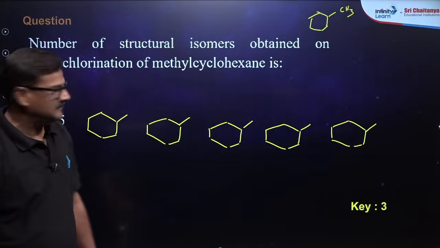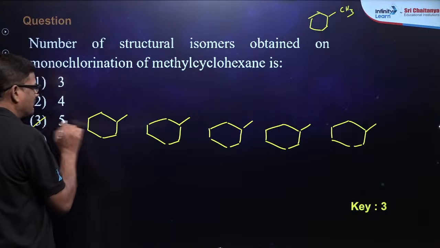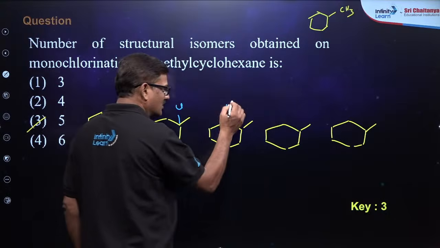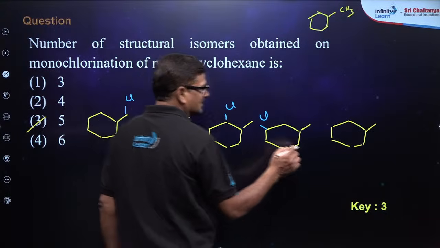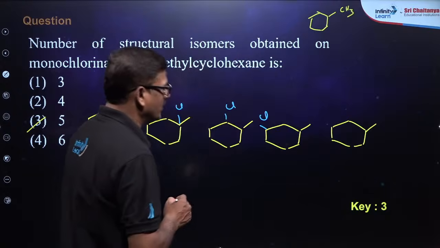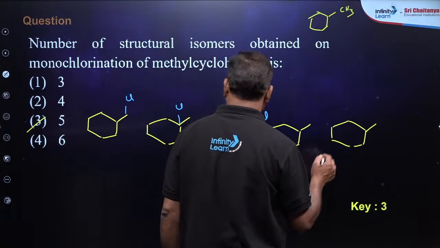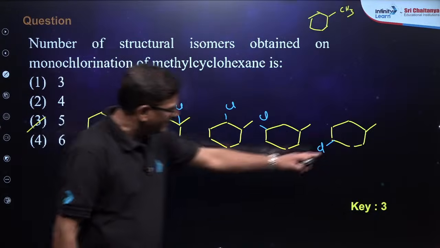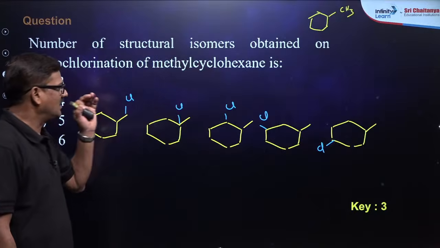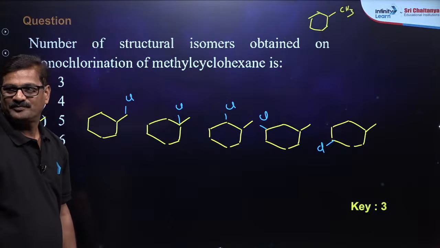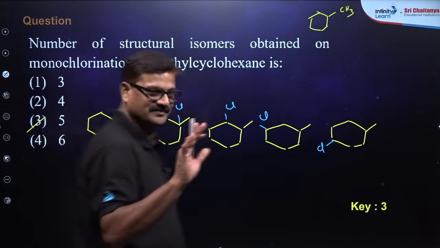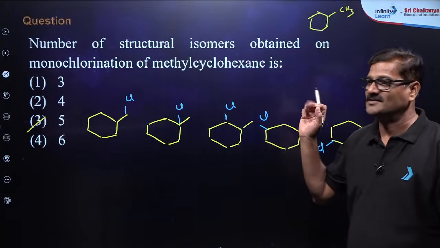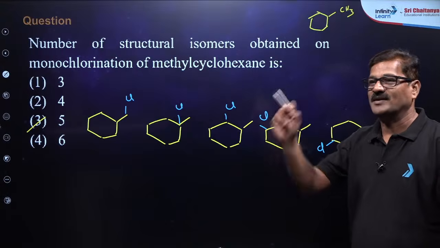Let me chlorinate it here, and here. If you chlorinate here, it is going to be the same as this. So exactly it is going to be 5. That's good, Bhuvanesh, happy to see 4 isomers, but no, it is going to be 5 isomers.